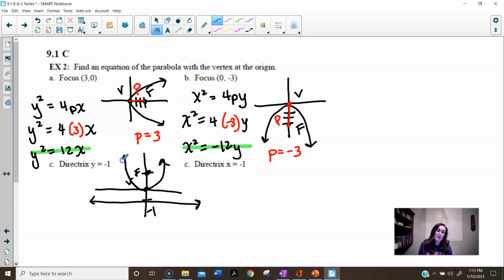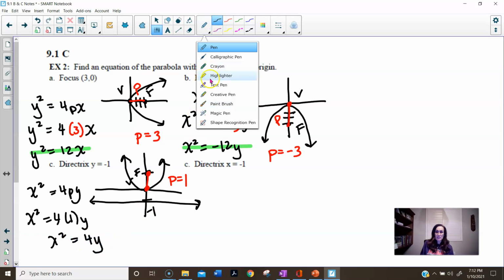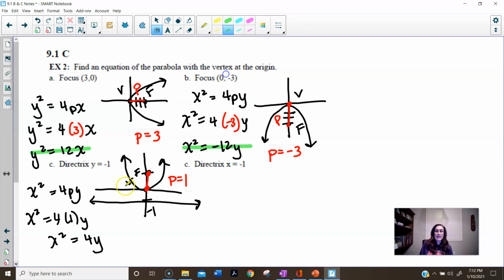You can see that the parabola is going up, which is an x squared equation. So x squared equals 4py. Again, now we have to figure out what p is. p is the distance from the vertex to the focus, and it's directed. So because it's going up, p is equal to +1. Take 1, plug it in. So now you have x squared equals 4 times 1 times y. So x squared is equal to 4y. And there's your equation when the directrix is y = -1 and the vertex is at (0, 0).